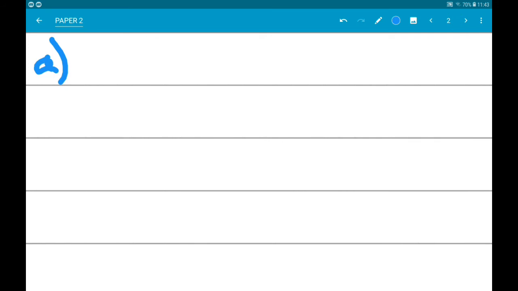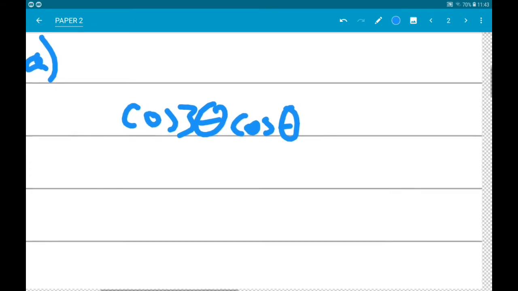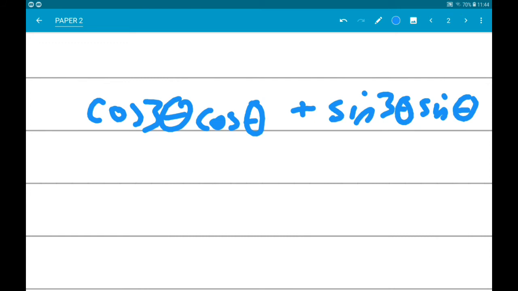So that's going to give us cos 3 theta times cos theta add sin 3 theta sin theta, all over sin theta cos theta.